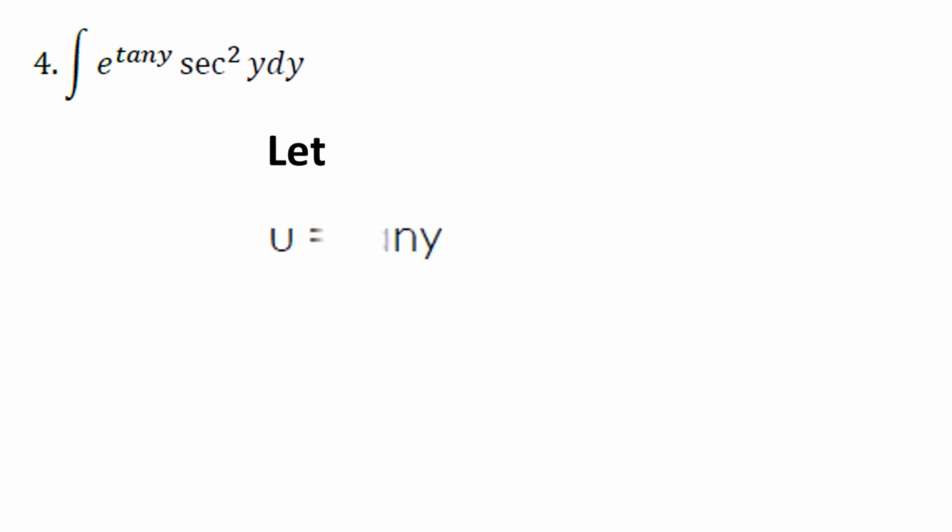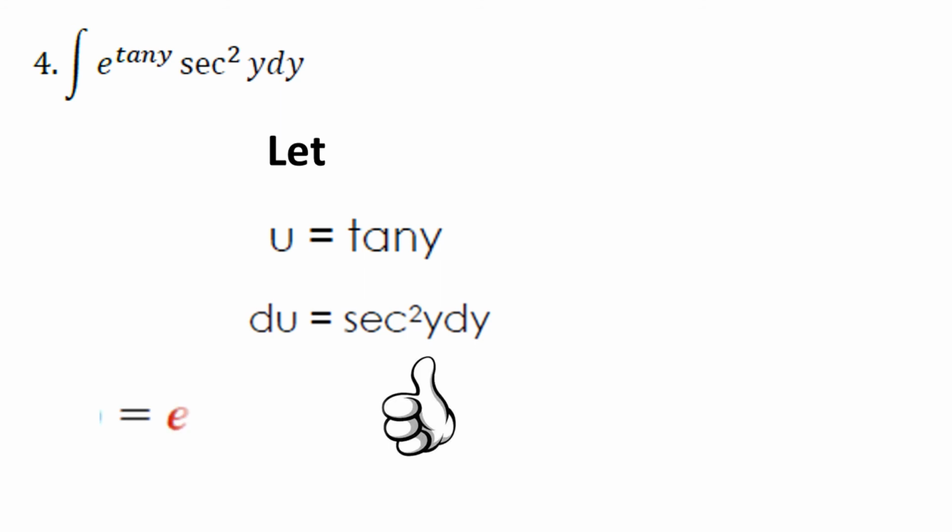If we let u be equivalent to the tangent of y, the derivative of u is simply secant squared of y, which is exactly found in the integrand. So we could apply the formula directly. So e raised to tangent y plus c will be the final answer.